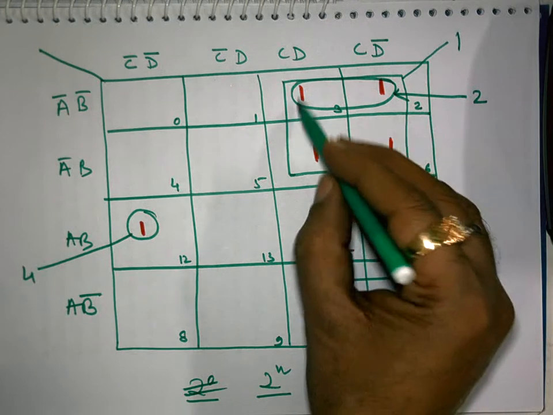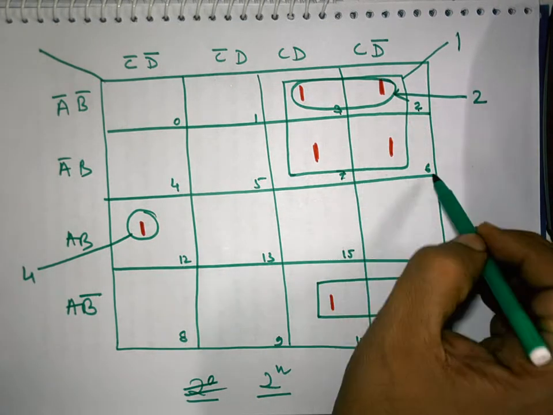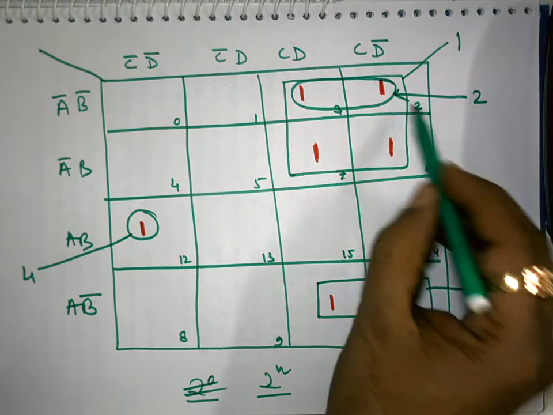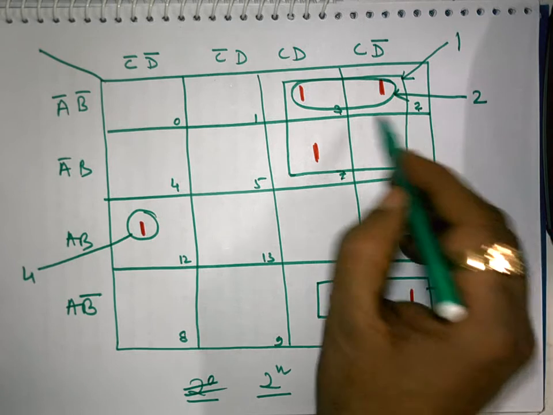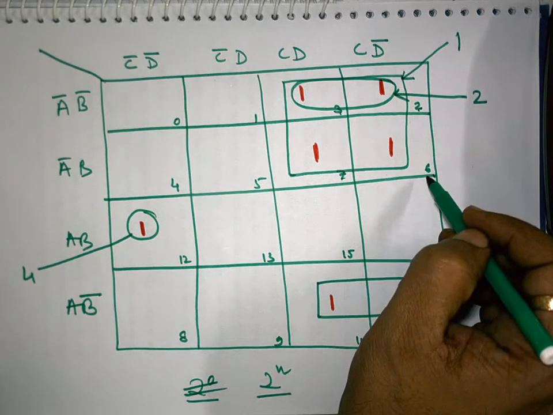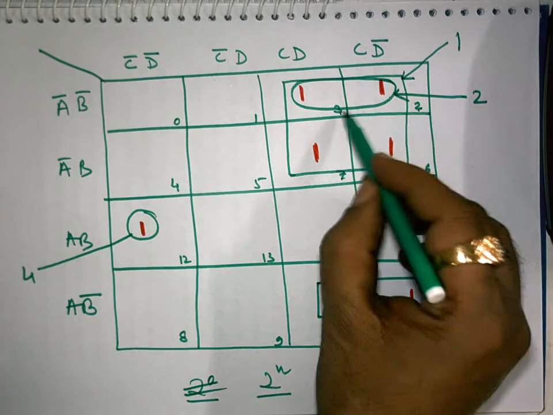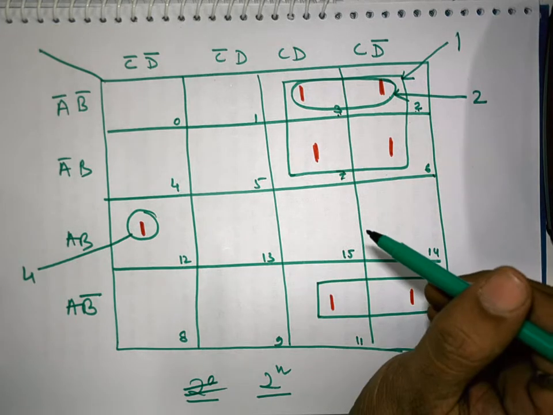Group number 1 contains the min terms 2, 3, 7, and 6. Group number 2 contains min terms 2 and 3. Group number 2 does not have any fresh one in it.